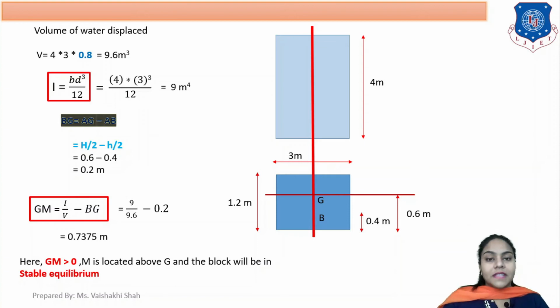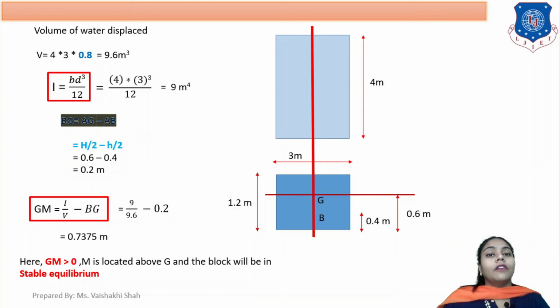Now here comes the equation of metacentric height, where GM equals I by V minus BG. Now we have all the values. I is 9 meter raised to 4, V is 9.6 meter cube, minus BG, that is 0.2. So your final answer for GM is 0.7375 meter.